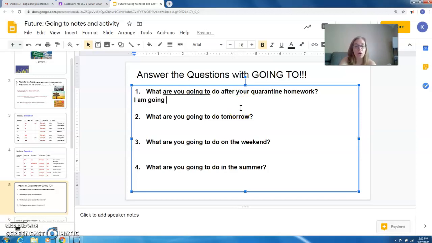I am going to, future tense, and finish the sentence. What are you going to do tomorrow? What are you going to do on the weekend? What are you going to do in the summer? So continue to use I am going to.